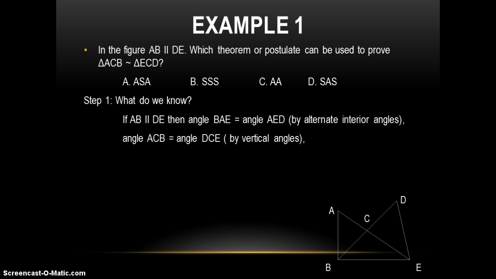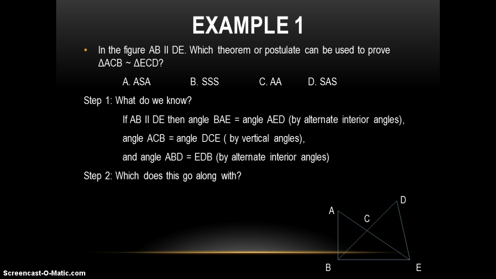And finally, angle ABD equals EDB by alternate interior angles. Which does this go along with? This goes along with angle-angle because at least two corresponding angles are congruent.